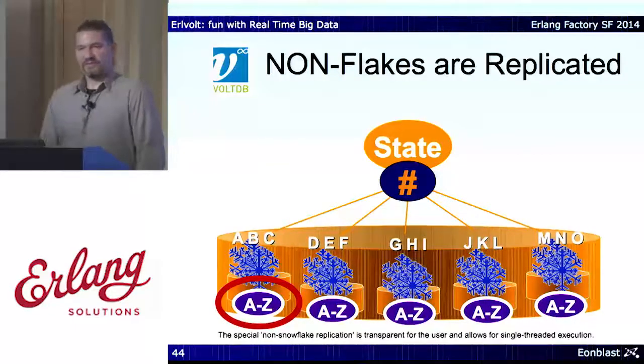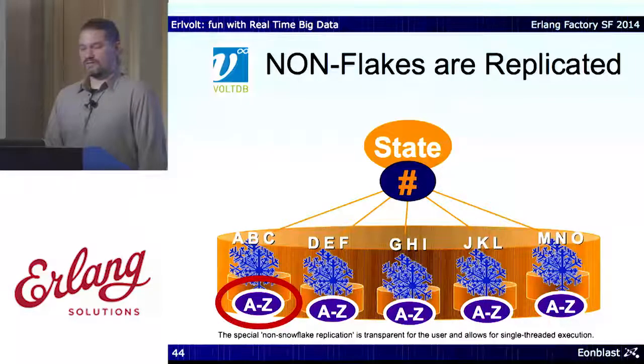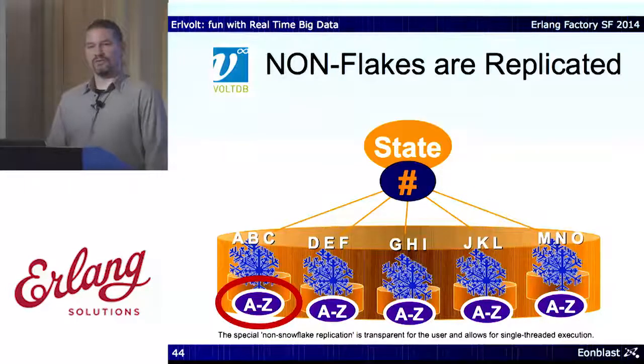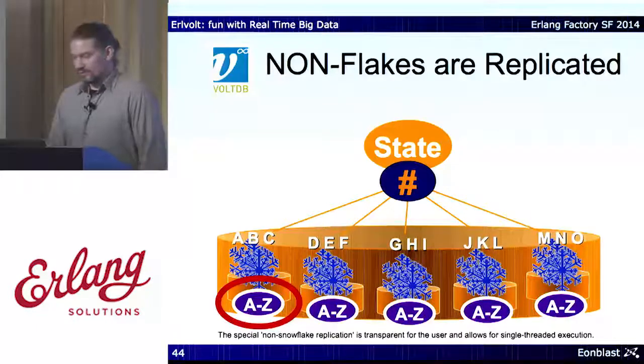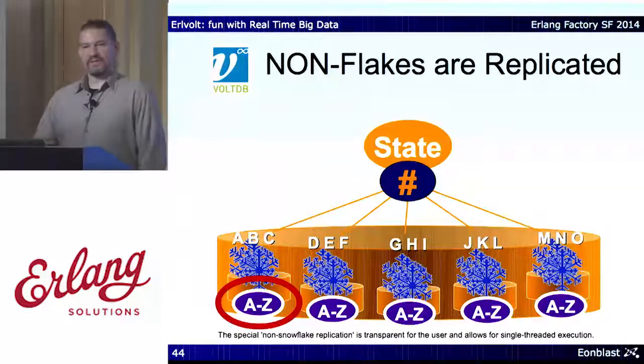That's completely transparent. That architecture allows it to make transactions on individual snowflakes, usually within one machine. And that's really the goal. If you have a horizontally partitioned database, what you want to achieve is that you can complete an entire transaction on one machine.